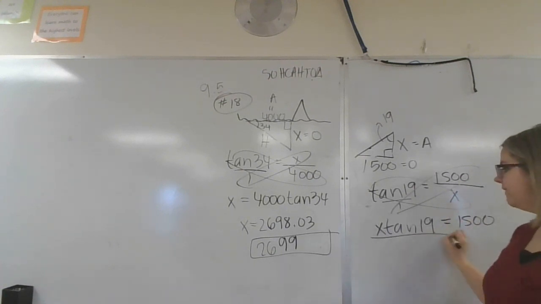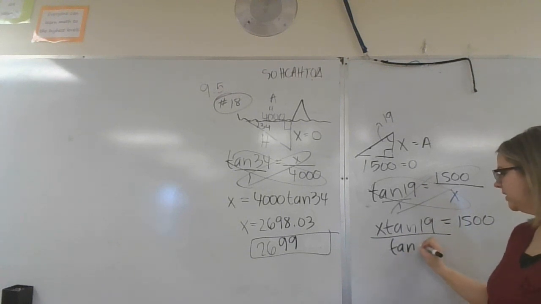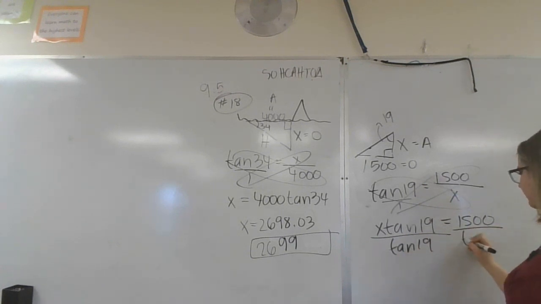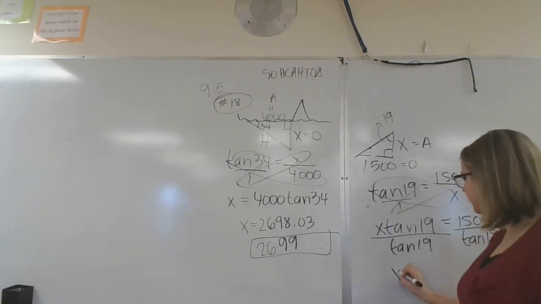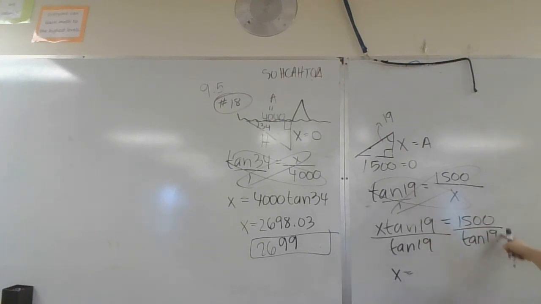Now we're going to divide this by the tangent of 19 on each side. Now x equals 1500 divided by tangent of 19. I'm going to put this in my calculator and find out what it is.